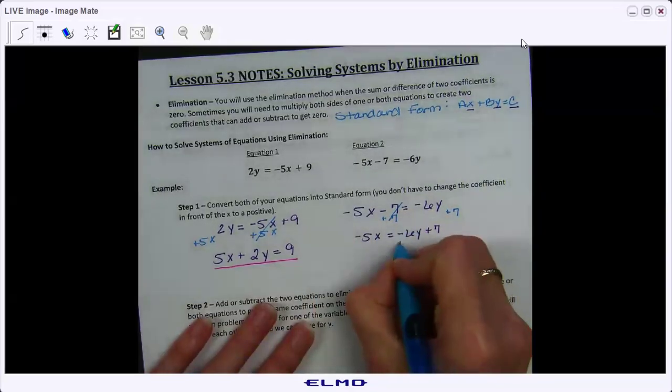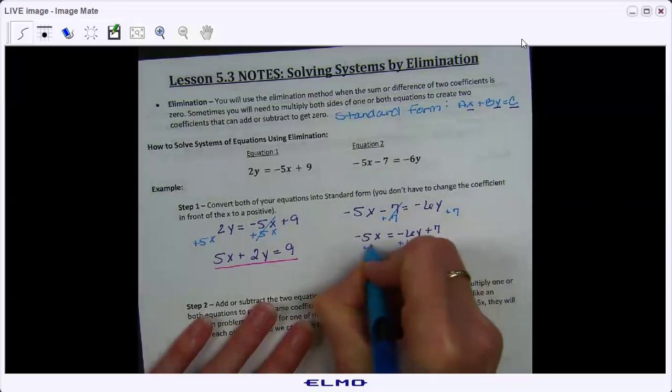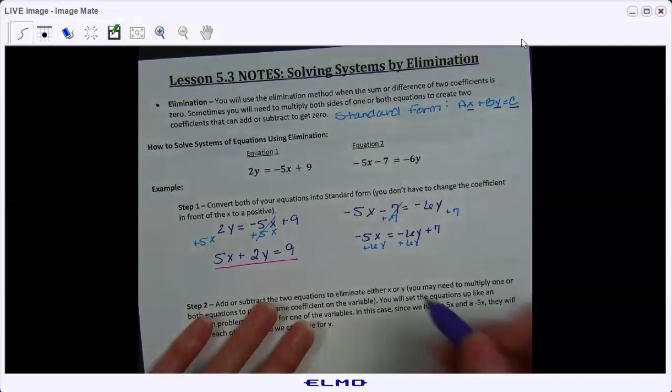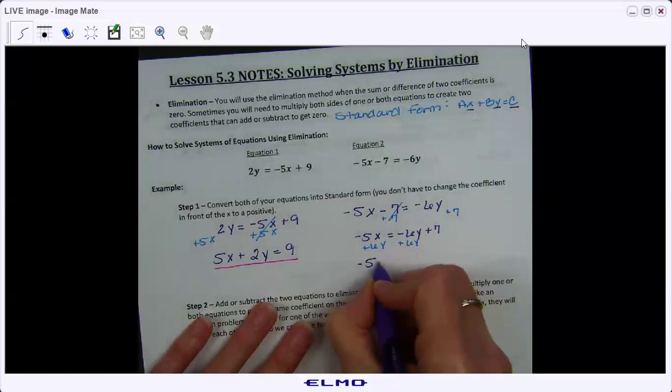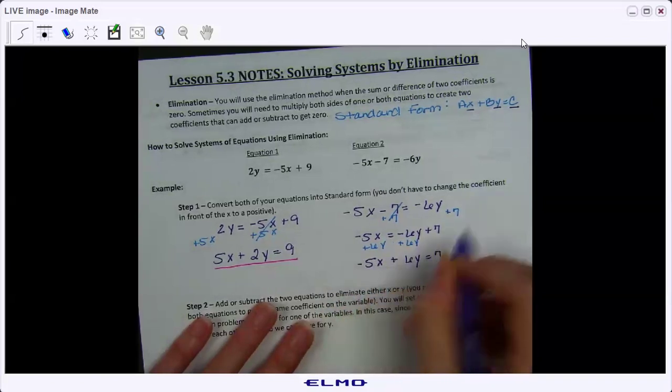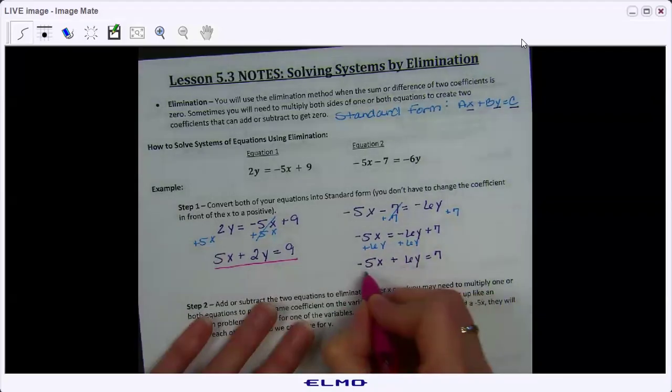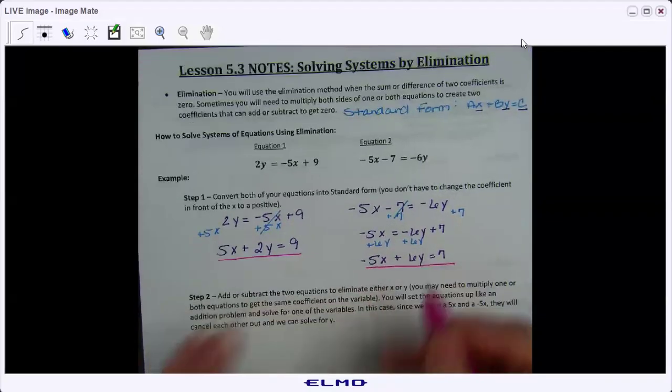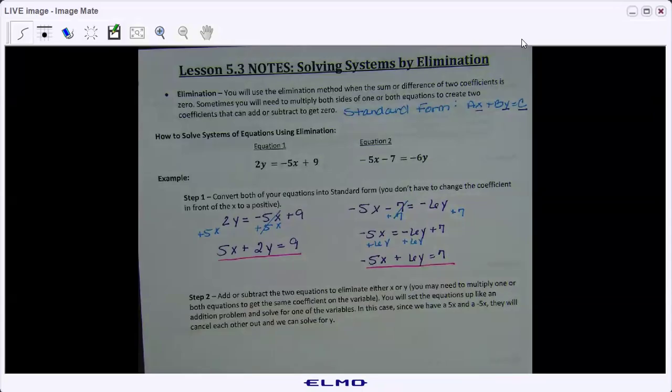So I'm now going to add 6y to both sides. And I get negative 5x plus 6y equals 7. Now, when you're writing them in standard form, make sure your x is first and your y is second, okay? So step 1, put them both in standard form.